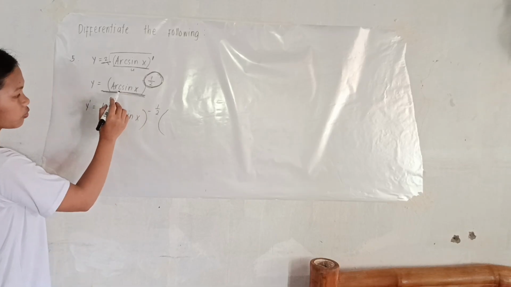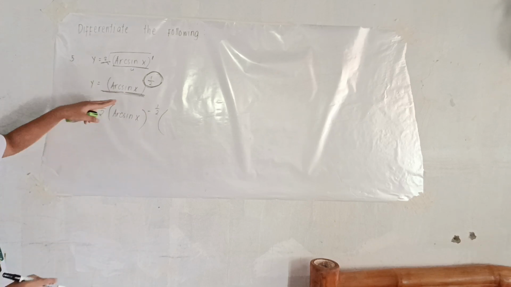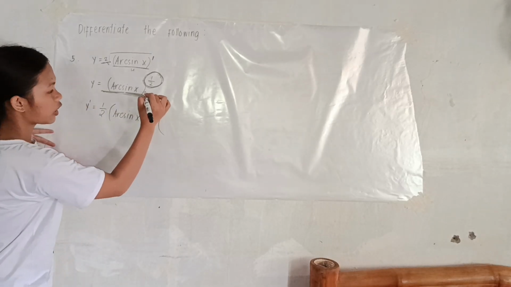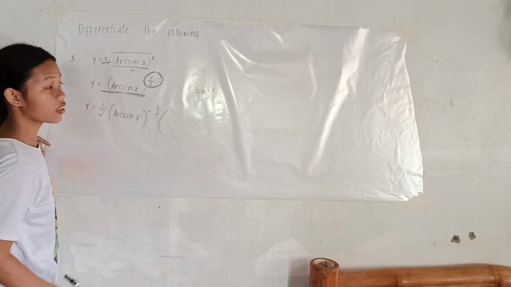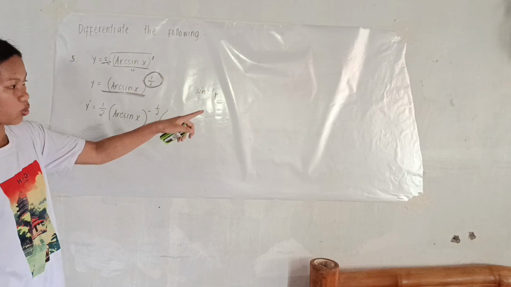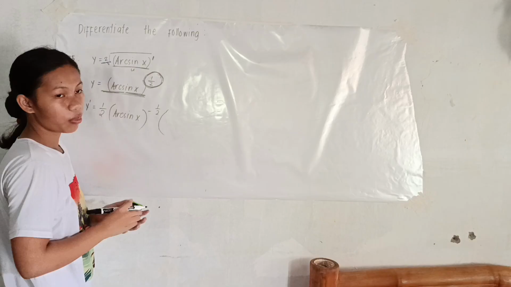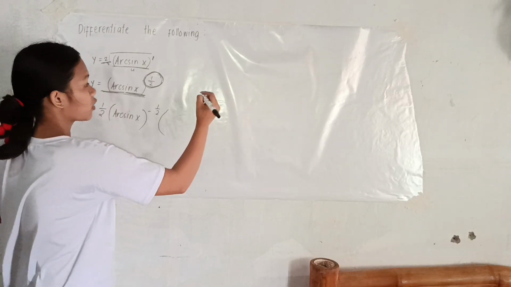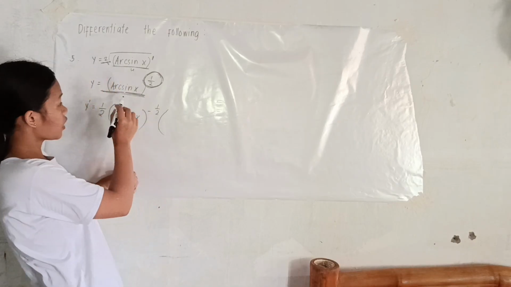For the derivative of arcsine x, arcsine x is also equal to sine negative 1 of x. To get the derivative, we need to apply the formula of the inverse trigonometric function of the arcsine.